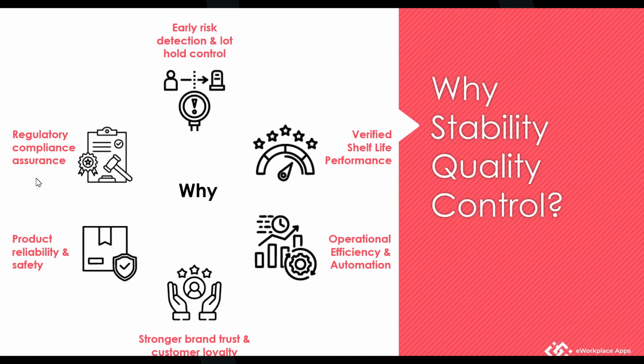In some cases, regulatory compliance issues force people to retain those samples and to test them on a periodic basis. It improves product reliability and safety. It improves customer loyalty. This is now automated, gone are the days of worrying about, did I actually run that report? Did I look at that report? And finally, it helps people begin to validate short shelf life, etc.